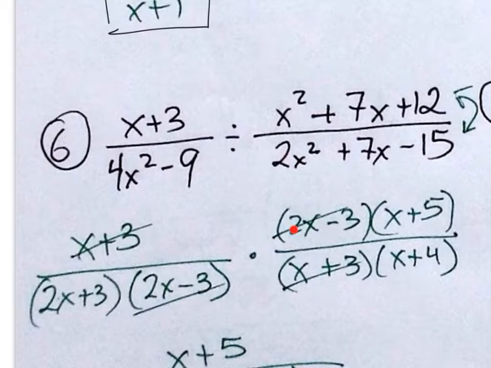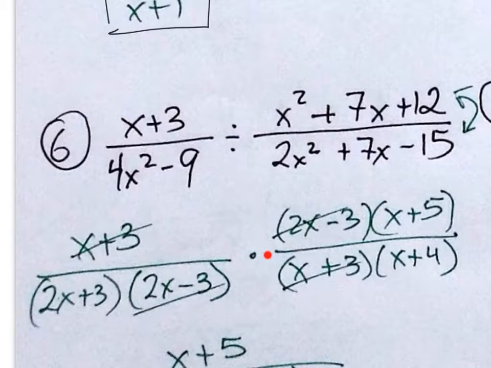Again, factoring with that 2 gets a little tricky, but we can handle it. x plus 3 up top, and then 2x minus 3 and 2x plus 3 in the denominator. So again, after we have flipped this, we are now multiplying all that. That's our numerator. Multiplying all this, this is our denominator. So anything from up here will cancel down here.